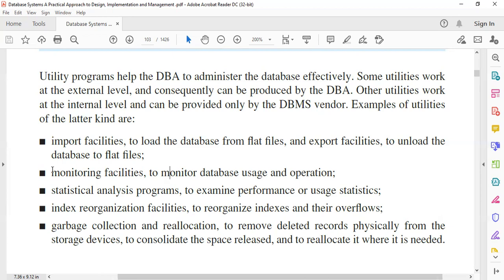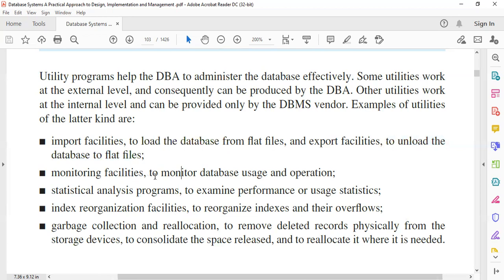It also provides some monitoring facilities. So in this case, you have tackled two facilities, that is import facilities and export facilities. The import facility is to load the database from flat files, and the export facility is to unload some data from the database to flat files.